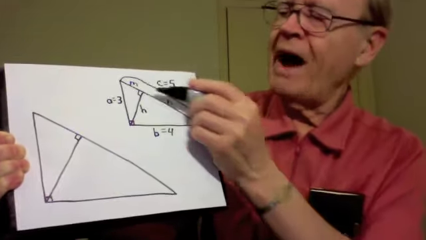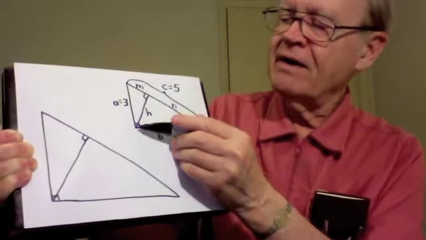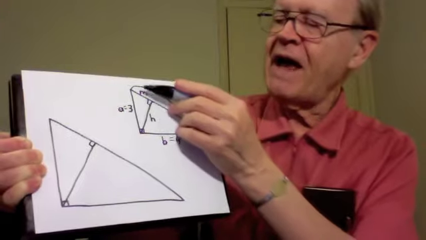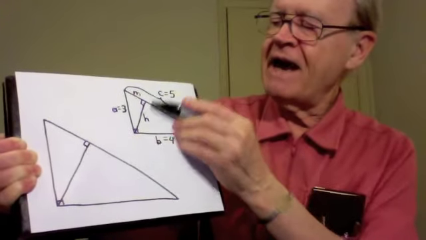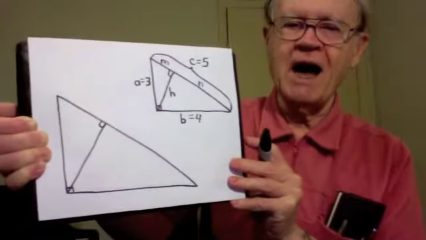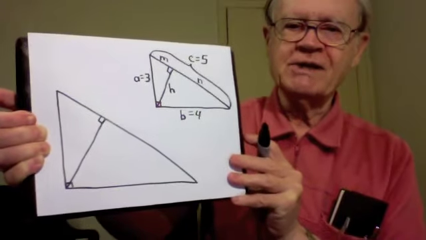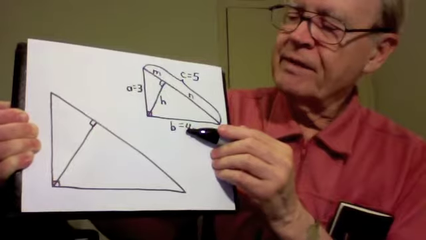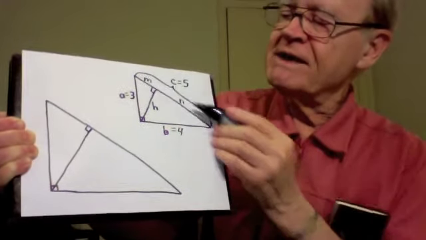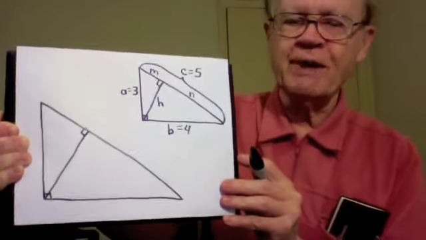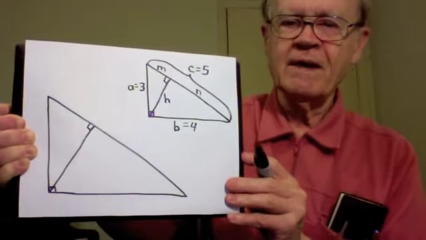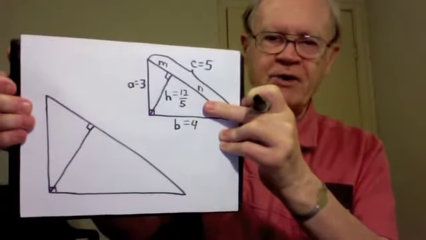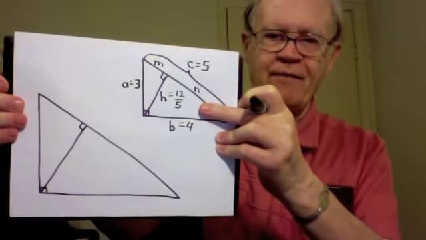Well, now instead of having B and A be the base and height, we can have C and H be the base and height. Just as 3 times 4 is 12, C times H must also be 12. And since C is 5, H must therefore be 12 over 5, 12/5.